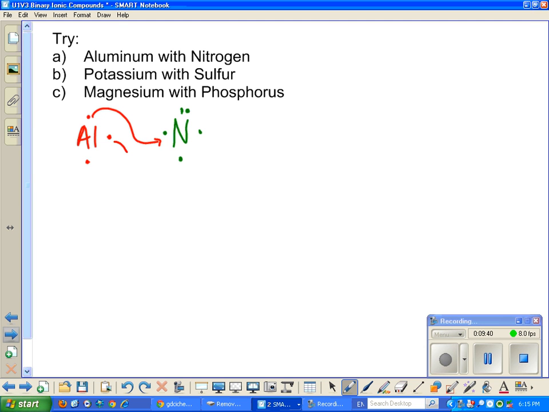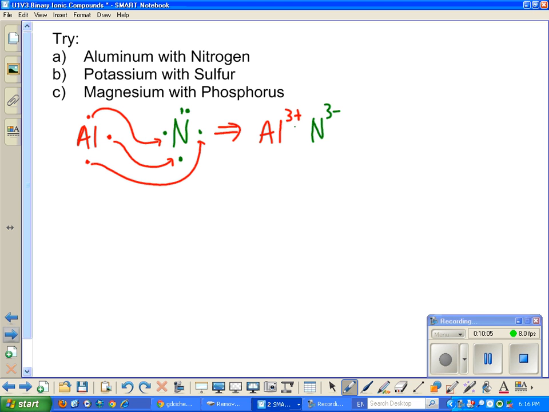And similarly, this one could leave and go here, and this one could leave and go here. So what does this mean? It means we now have aluminum with a charge of 3 plus because it's lost 3 electrons and now has 3 more positive charges than it does negatives. And we end up with nitrogen having an excess of 3 electrons, which is all right.